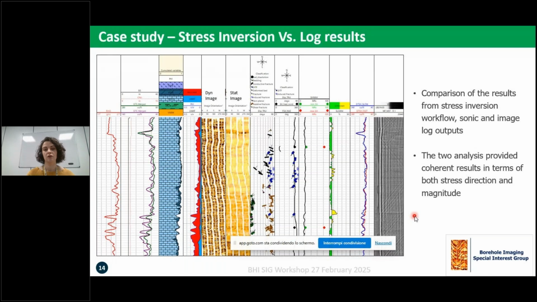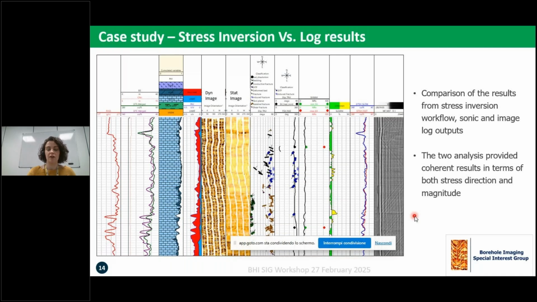So we can conclude that in this well, we had important information from image logs, both for production and stress regime. But also the sonic logs provided us important information about the anisotropy and the fracture aperture.